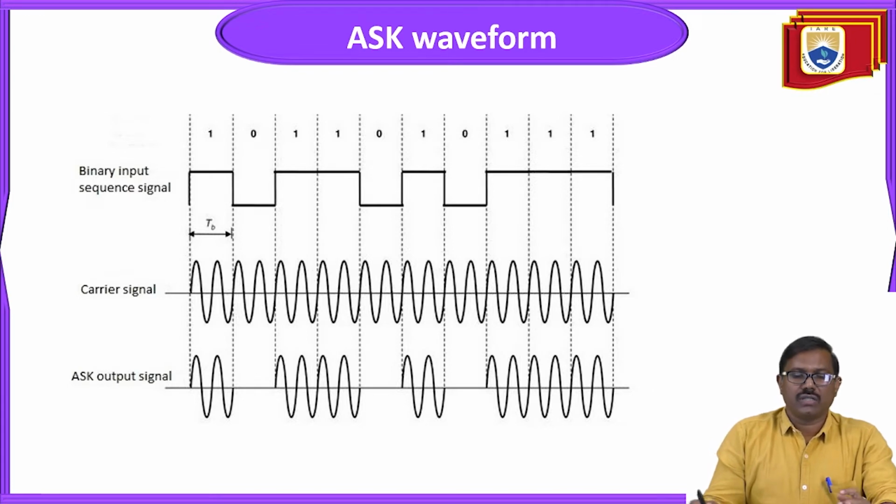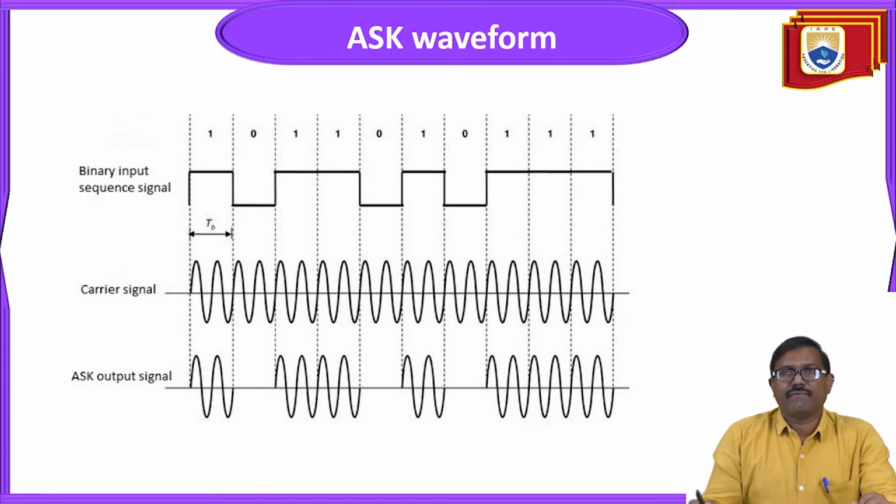If 1 is coming, the carrier is present; at 0, there is no signal. On, signal is present. Off, signal is absent. So in some way you can call it on-off keying also.